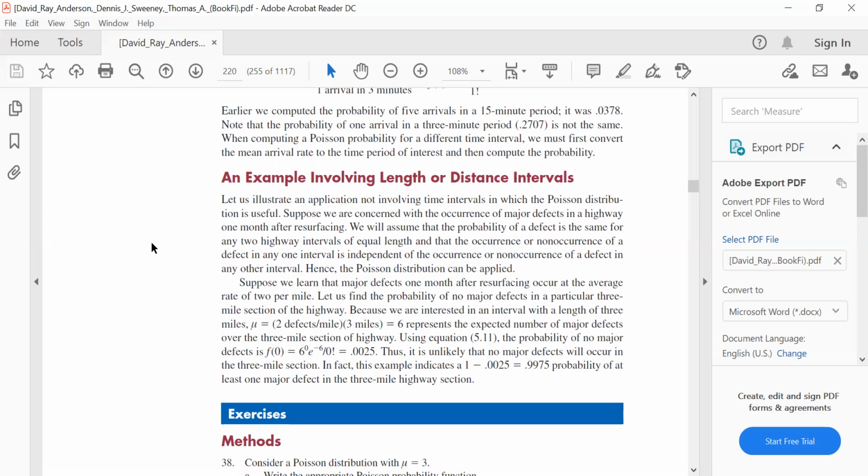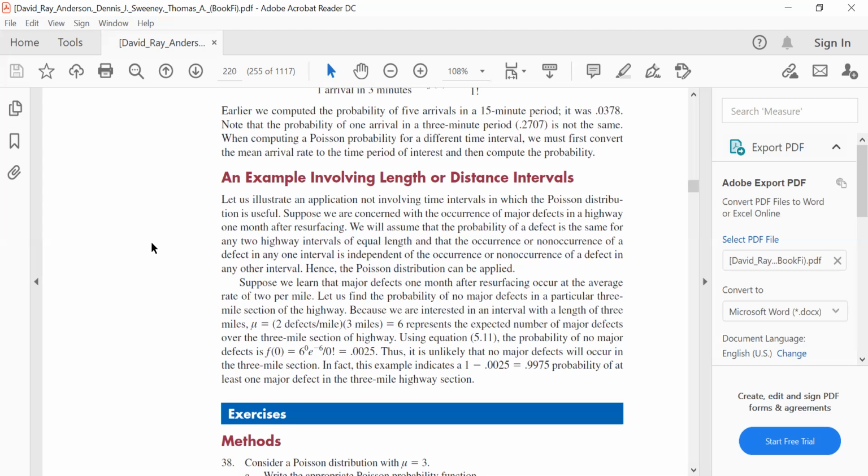Now using the equation of the Poisson probability function, the probability of no major defect, that is f of 0, is equal to 6 power 0 e power minus 6 divided by 0 factorial, that is equal to 0.0025.